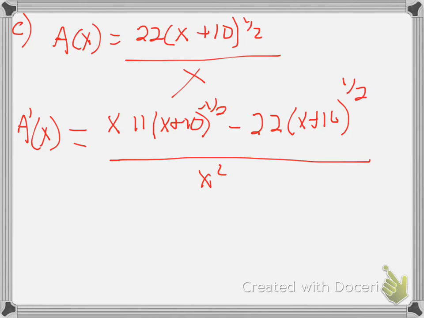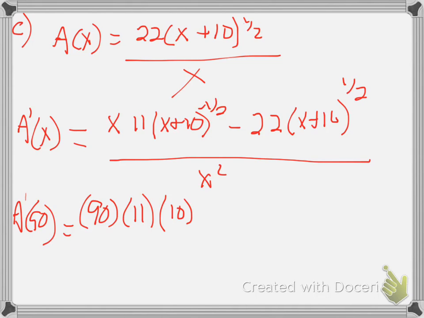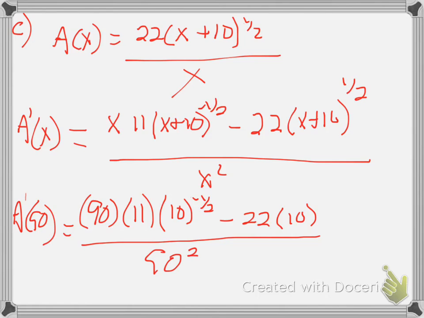Now, A prime of 90. So we're going to substitute in 90 for x. So we've got 90 times 11 times 100 to the negative 1/2 power minus 22 times 10, all over 90 squared.